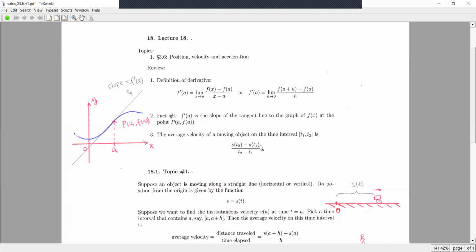S of t1 is the position of the moving object at the time t1. This difference is the distance traveled by the object over this time interval. The denominator is t2 minus t1. This is the time elapsed over this time interval.